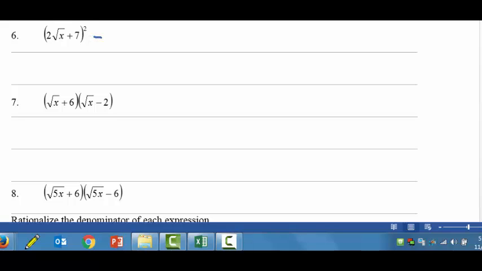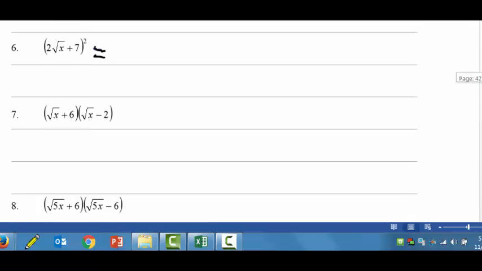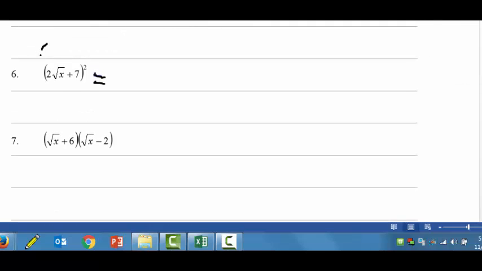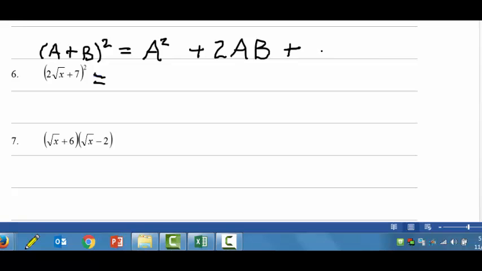Well, just like when I'm working with polynomials, you'll recall that if I have the square of a plus b, that's a squared plus 2ab plus b squared. And that's the same format I'm going to get here.